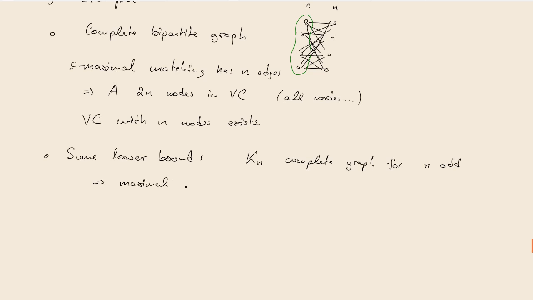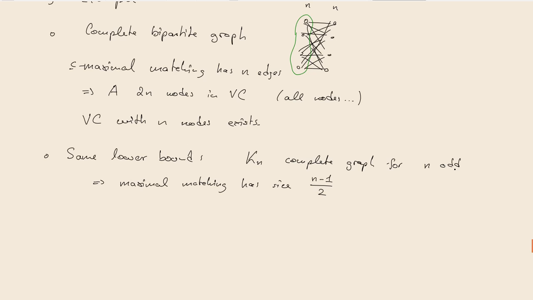Then the maximal matching, also in the global sense, uses (n-1)/2 edges, because if n is odd, there's always one node that you can't match.